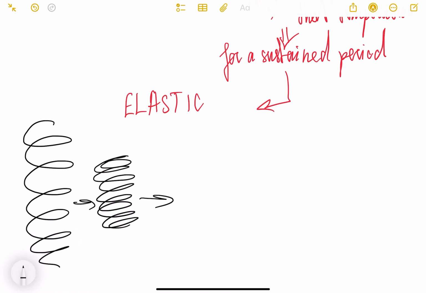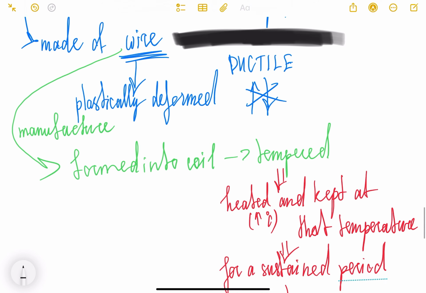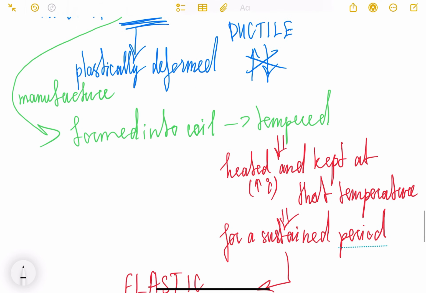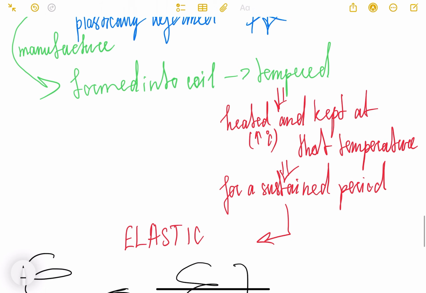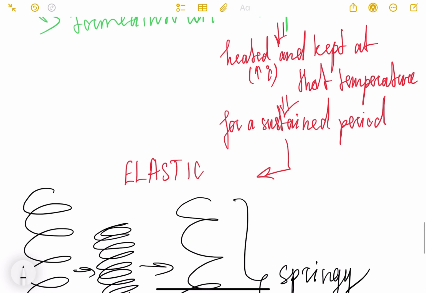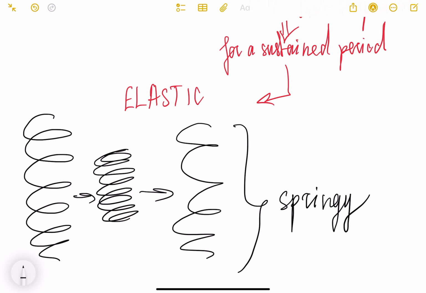But this wire goes through manufacture, so it can be formed into a coil and tempered. And tempered means heated and kept at high temperature for a sustained period, and it turns into elastic. Oh wow, this is very cool.